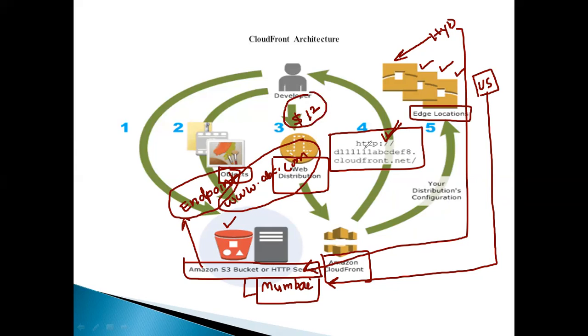And this CloudFront distribution domain name, you can access your website with this domain name also. What is the difference? You are going to access your website from an edge location with this CloudFront distribution domain name.